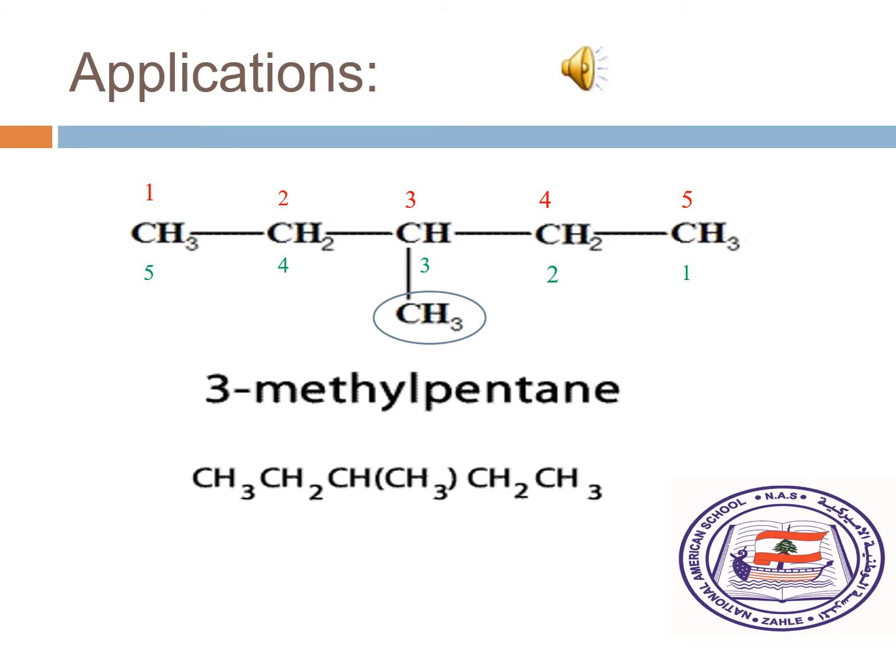So we call it a 3-methyl, and we write down pentane, which indicates the name of the parent chain or the main chain that happens to have 5 carbons. And the reason why we called it pentane is because it has 5 carbons, and between these 5 carbons we have single bonds, therefore it belongs to the alkane family.